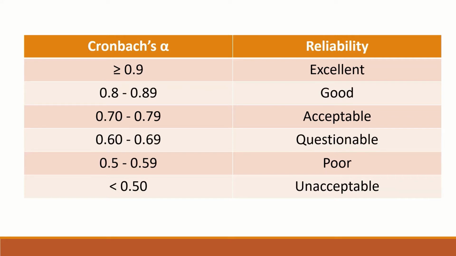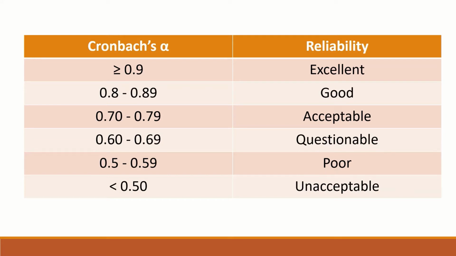A test with an alpha range of 0.7 to 0.79 will have an acceptable reliability, and a questionable reliability of a test will have an alpha between 0.6 and 0.69, and an alpha range between 0.5 and 0.59 will have a poor reliability.